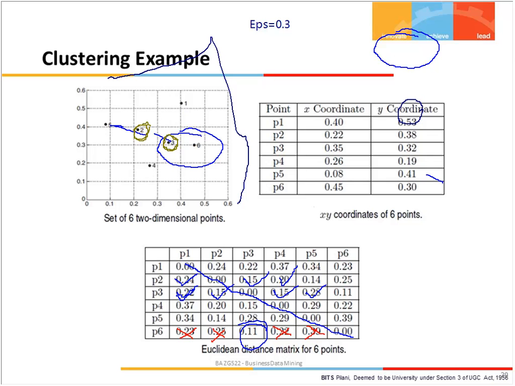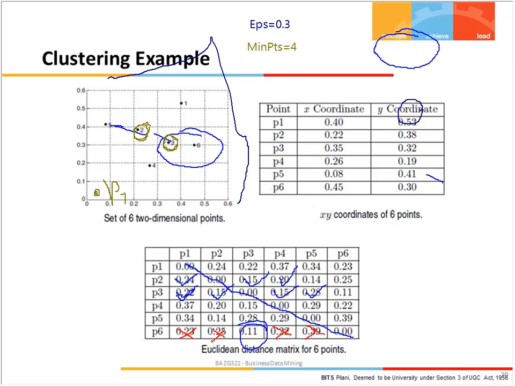For example, we have a new object defined here, which we call P7, at 0.1 and 0.2.